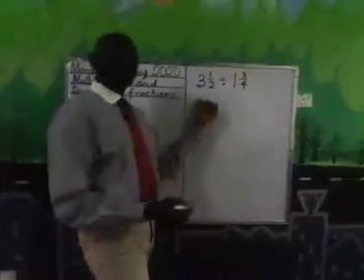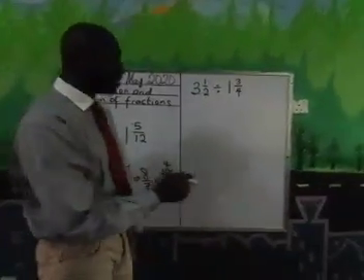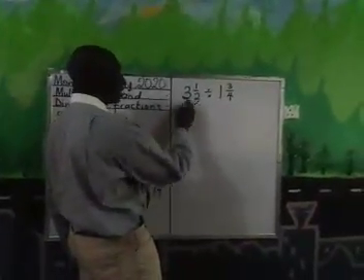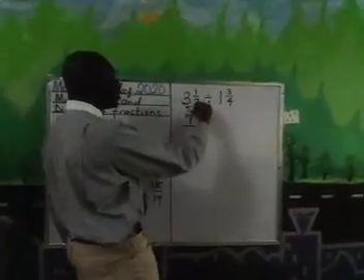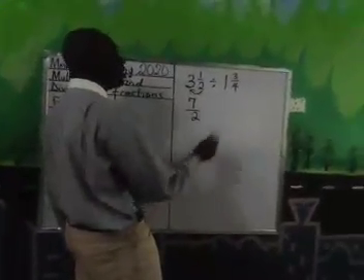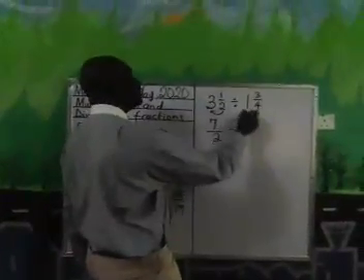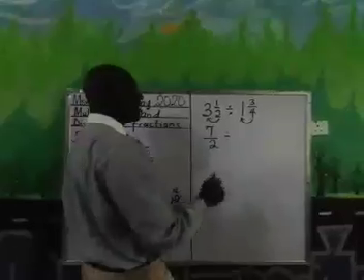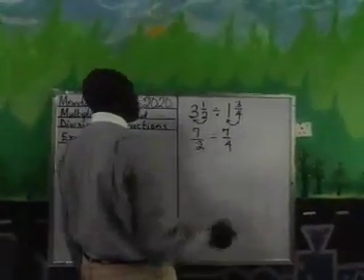Now let's quickly go to the next example. What's the first thing I'll do? Oh, very good. 2 times 3 is 6 plus 1, that is 7 over 2. Now, let's do the division sign. 4 times 1 is 4, plus 3, that is 7 over 4.